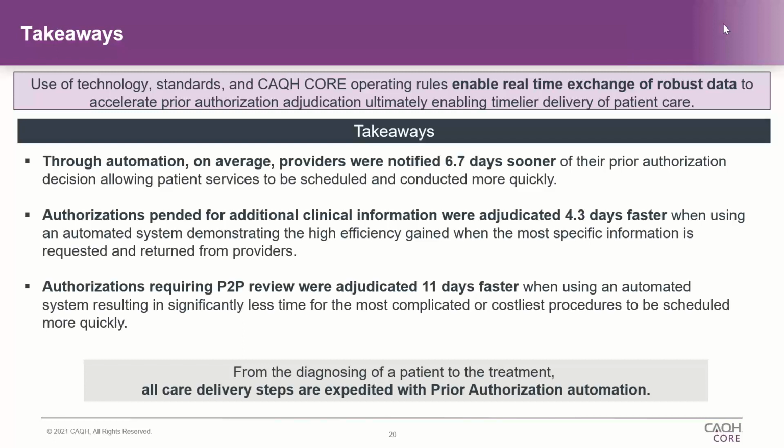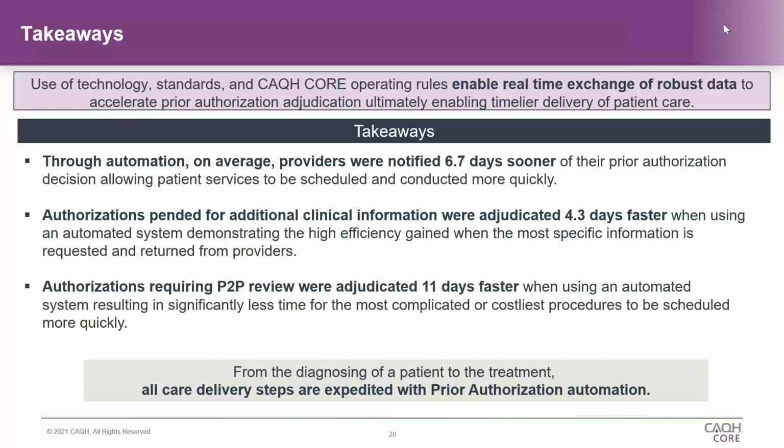Even the most cumbersome of prior authorization processes, authorizations that require peer-to-peer review, were adjudicated 11 days faster when submitted through the automated process versus those that could not be, which is a substantial impact to the delivery of care of these often needed and very extreme services.